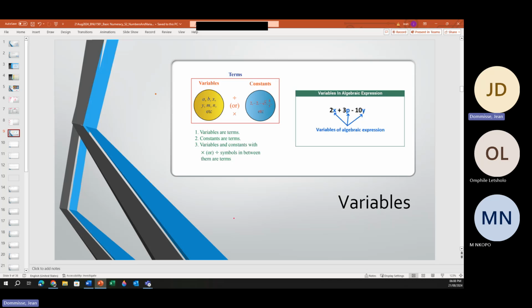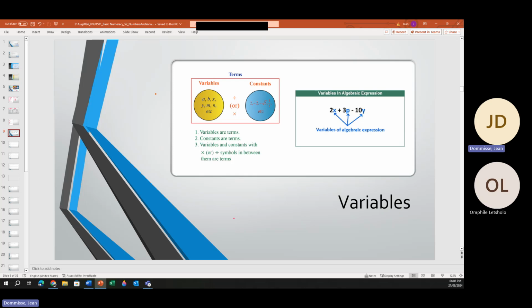So there's not a lot of those things that will be asked in exams. But if you get something like that, a variable is basically a placeholder for a number.